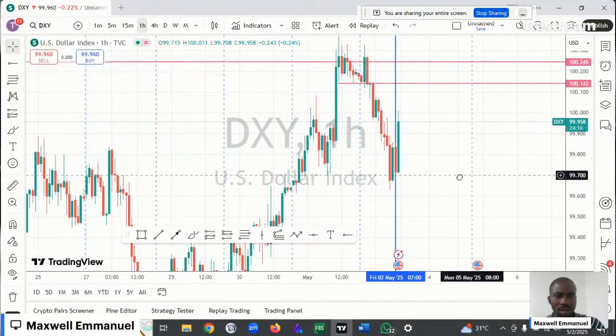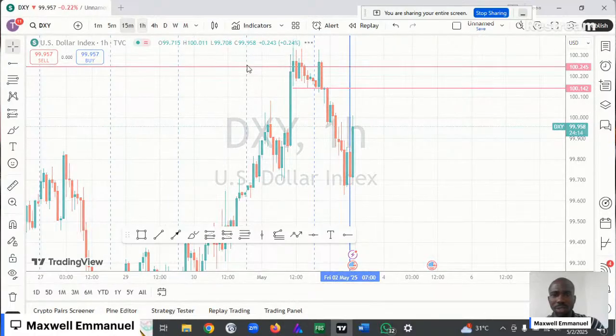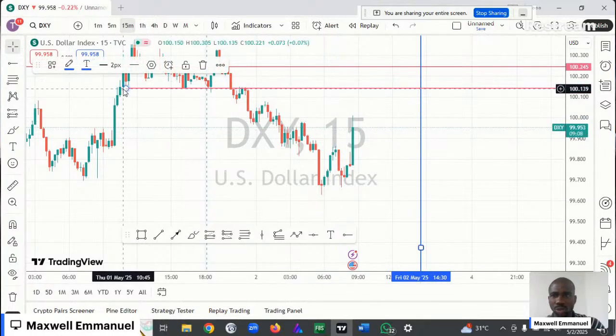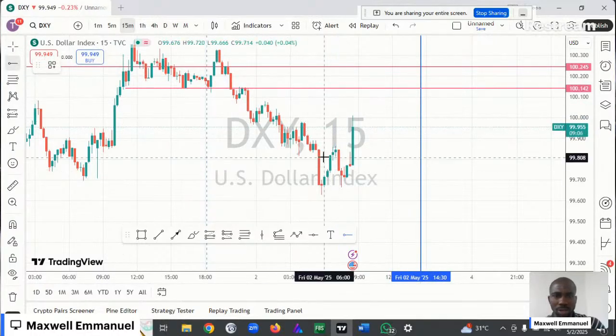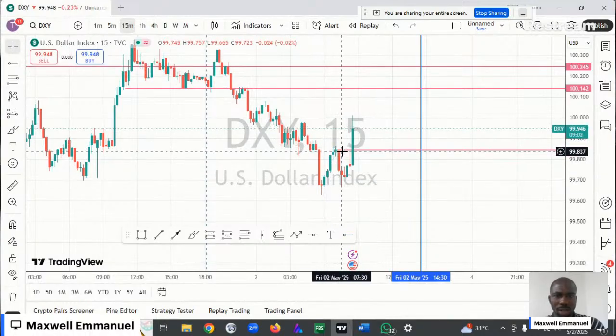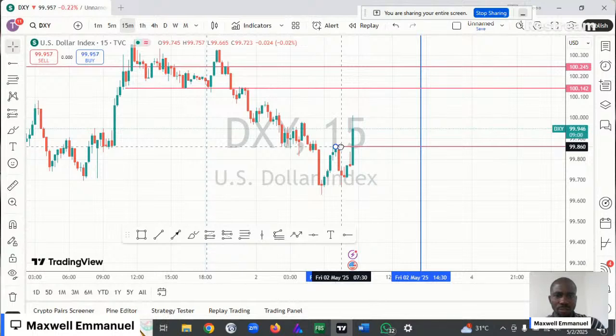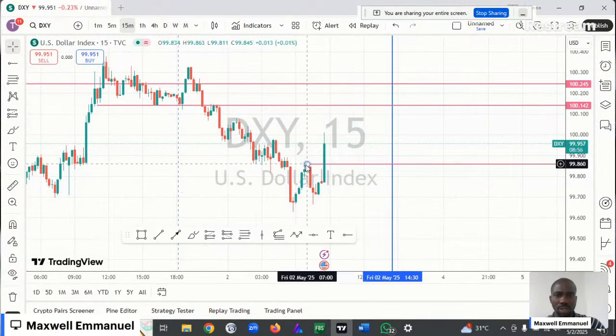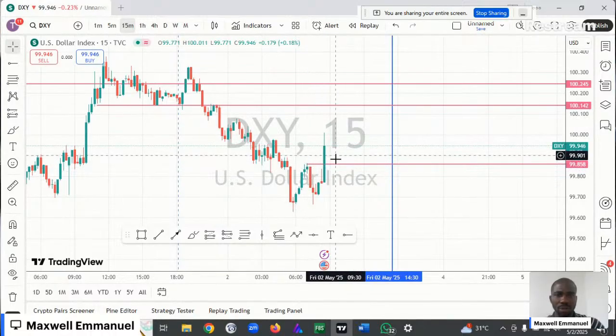I would love to see retracement on DXY. I'd like to see it pull back to this mitigation level and test it before going bullish.